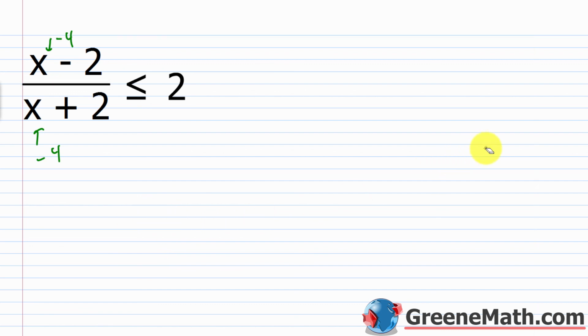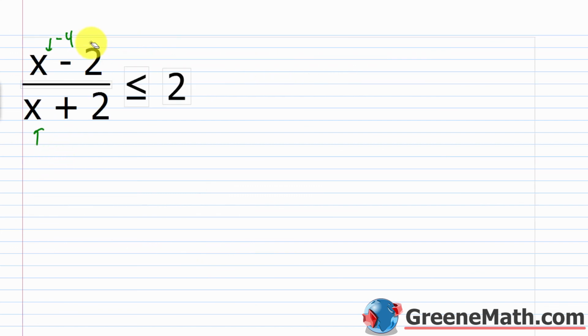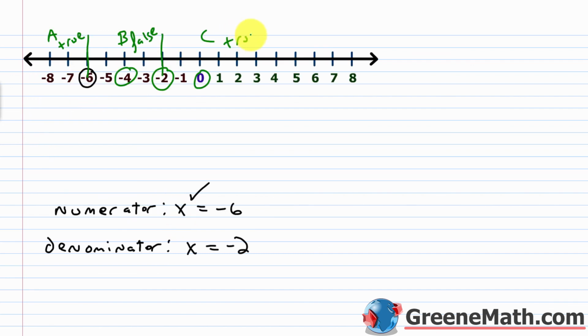So that does not work. So anything in region B is going to be false. Then for region C, I can choose 0. So if I plugged in a 0 for x, I would basically have -2 over +2, which would be -1. And we would say -1 is less than or equal to 2. That's true. So for region C, we would say this is true.